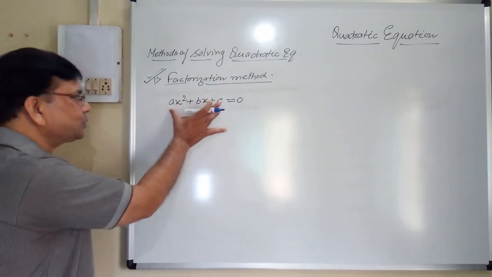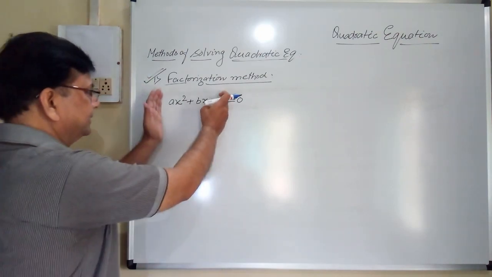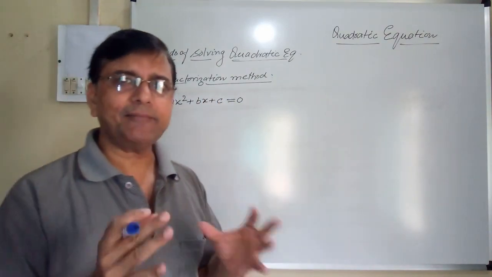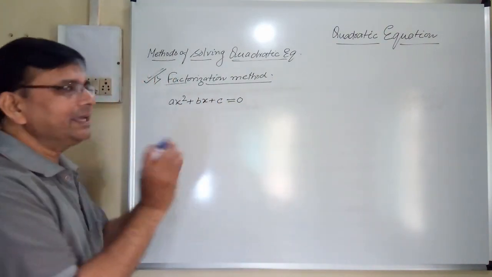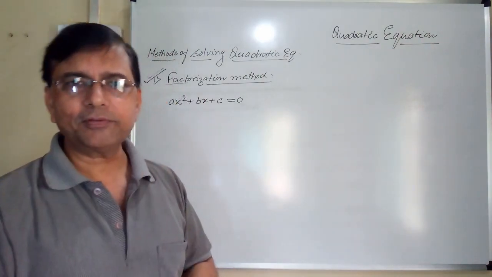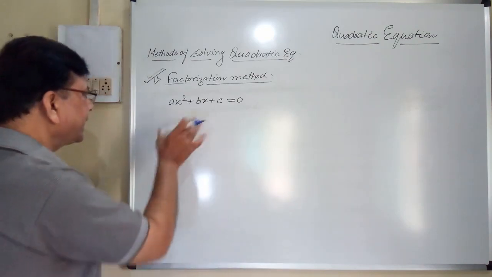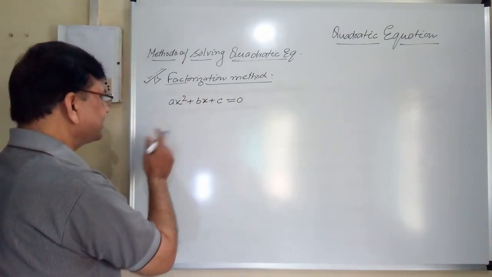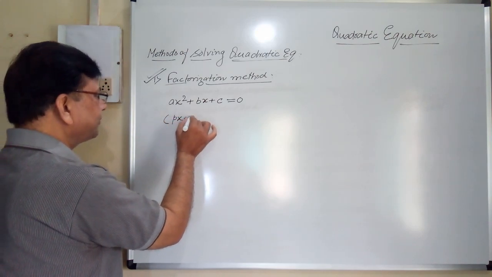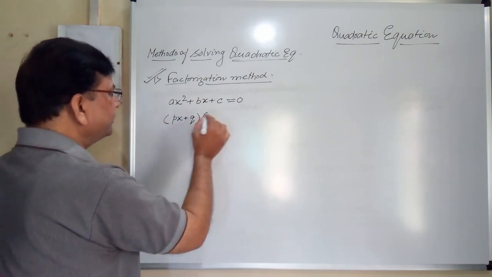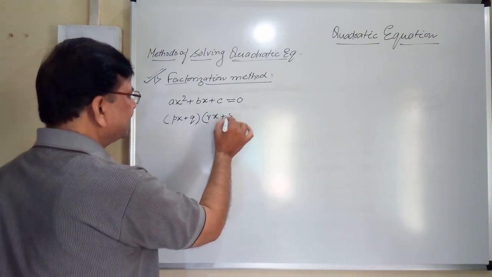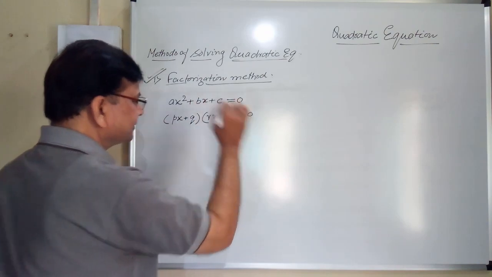So if this quadratic expression is factorized in such a way that we are getting two linear factors, linear factors means where the power of the variable is 1, so suppose if this is converted in some way or other in this form, that is (px plus q) into (rx plus s), that is equal to 0.